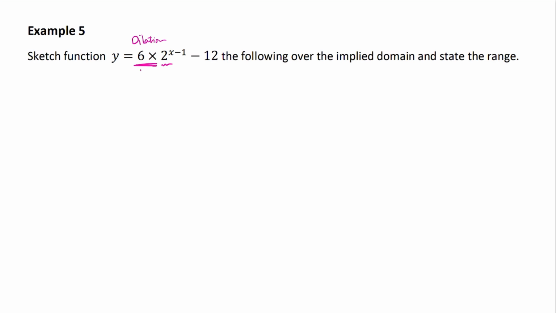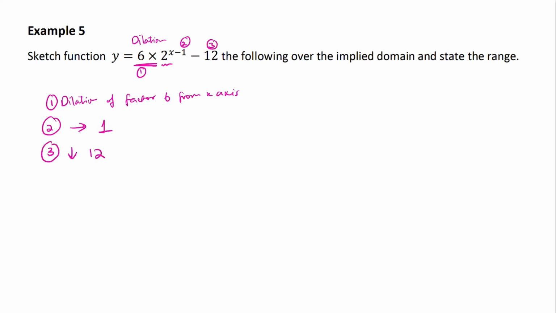So in terms of our transformations, we've got 1, 2, 3, if we write them out. Transformation 1, we've got a dilation of factor 6 from the x-axis. Then we're moving to the right by 1. Again, doesn't really affect much. And then we're going to move down by 12.